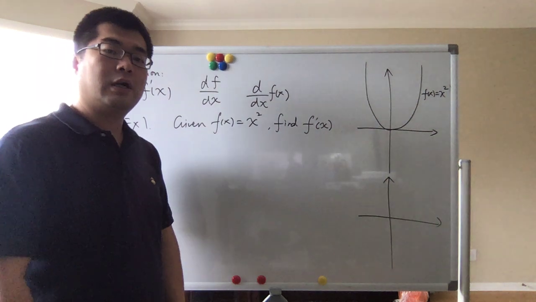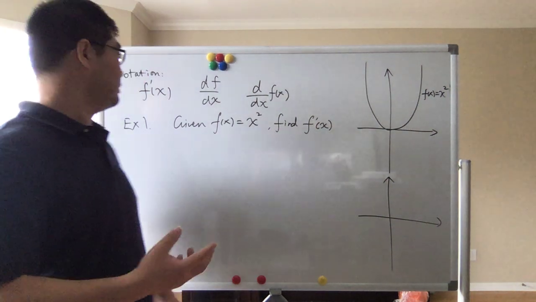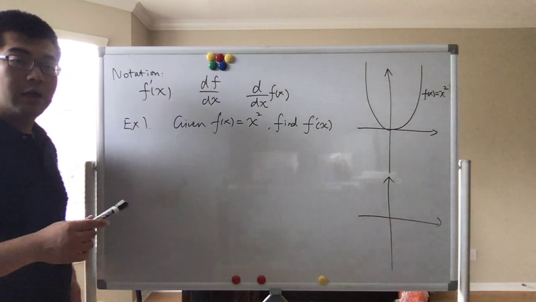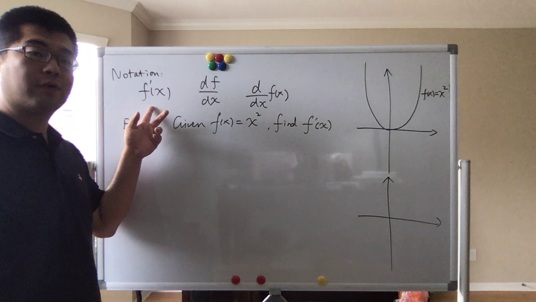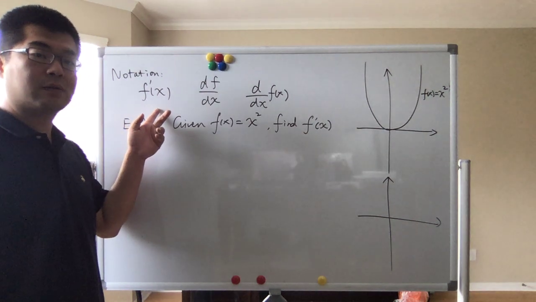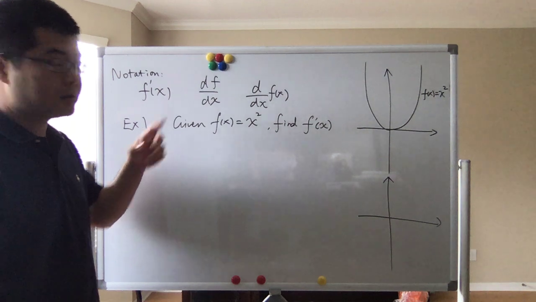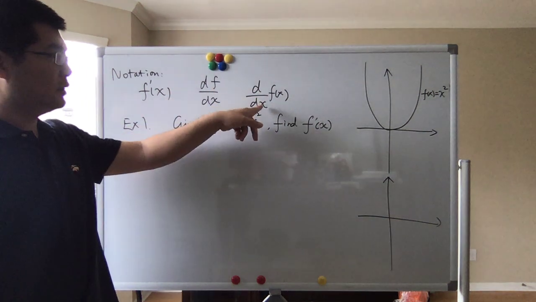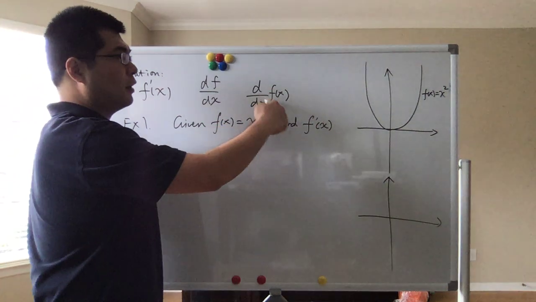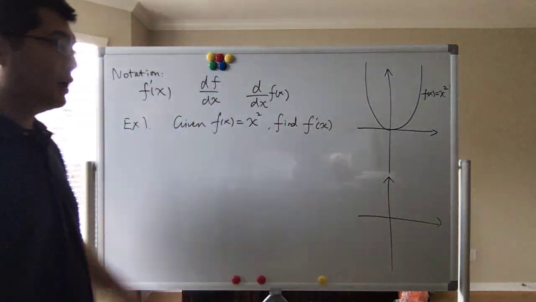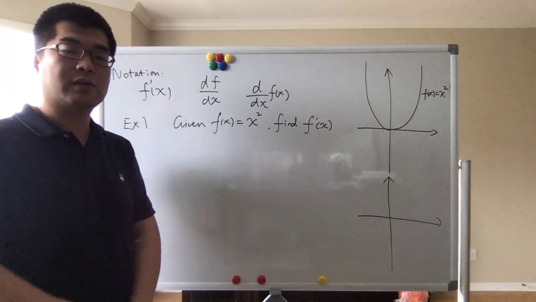Again, we talked about the notation in section 3.1, and we're going to carry over the notation here. f prime of x stands for the derivative of f of x with respect to x. We can also rewrite this as df/dx or d/dx of f of x. Basically, it's the derivative of f of x with respect to x. Those two notations are called the Leibniz notation.